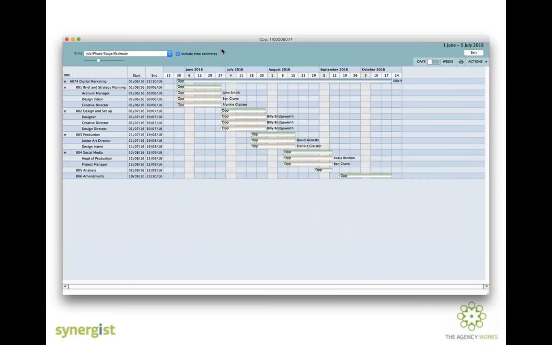When do they need to drop into our capacity plans? When do we actually need those resources? Because you may have, say, 10 hours estimated for a particular resource, but do they need to do those 10 hours in one week, or have you got a month to spread those across? That's really important, not only for capacity plans, but also for organisational purposes.